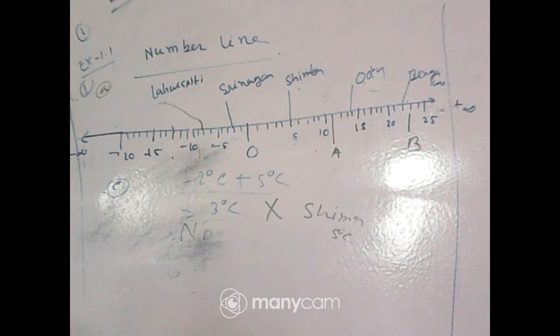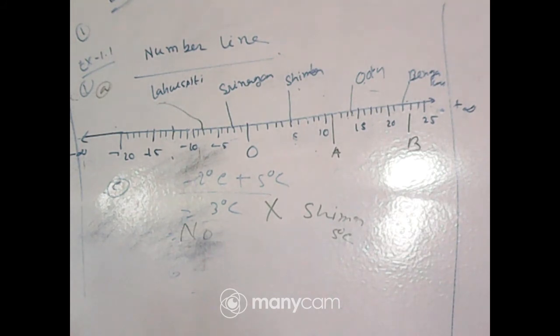Actually, the statement should be: the temperature of Srinagar and Simla together is less than the temperature of Simla.